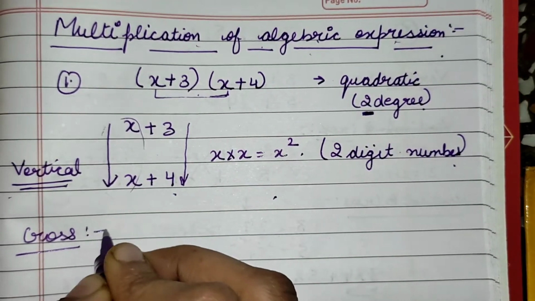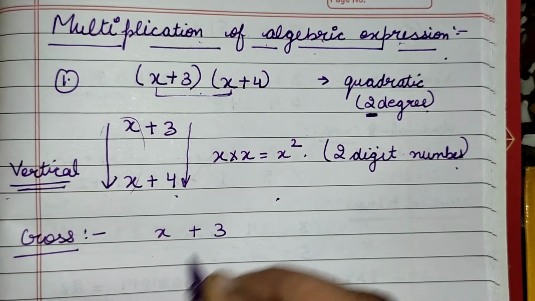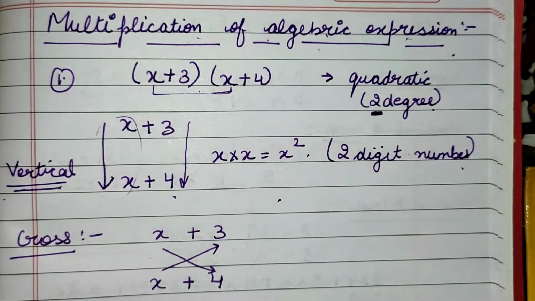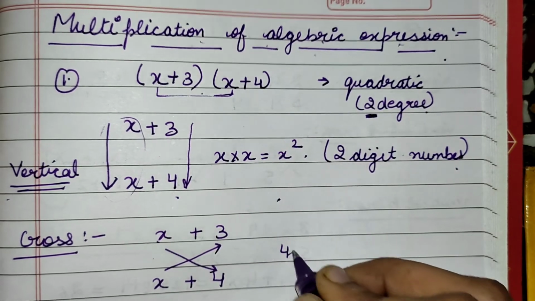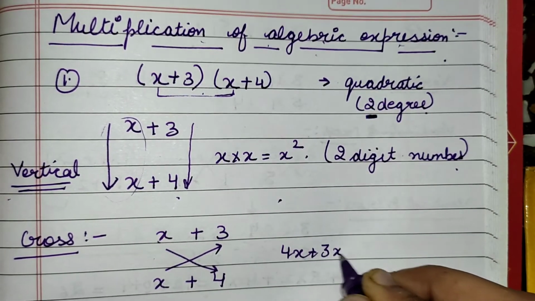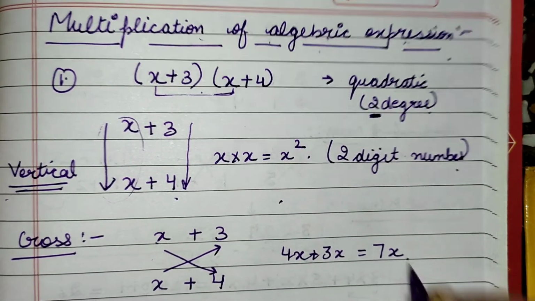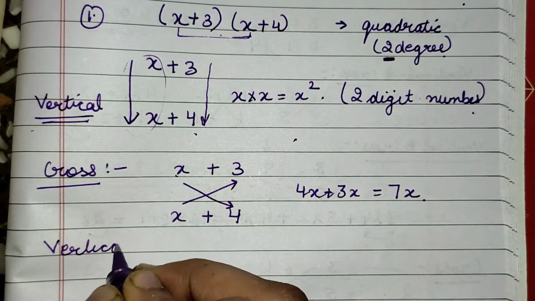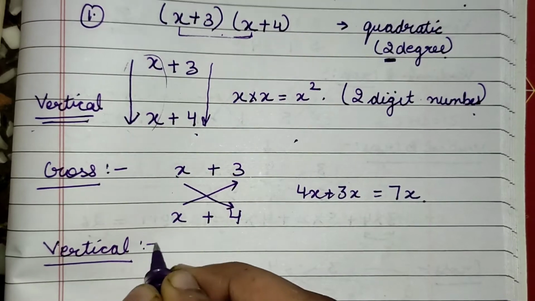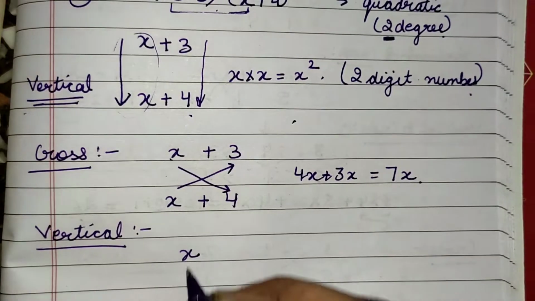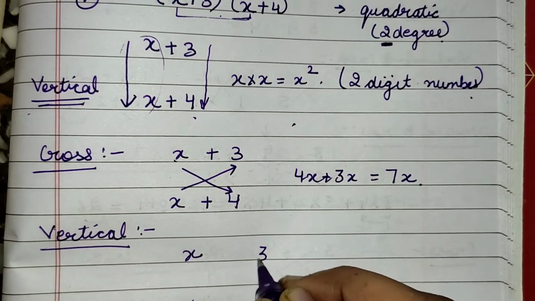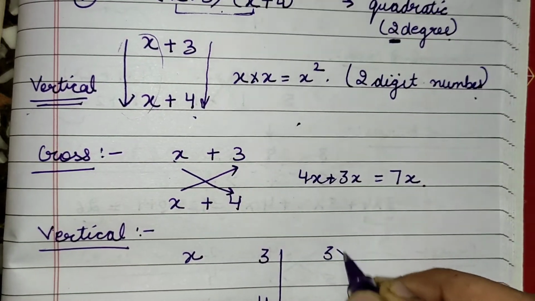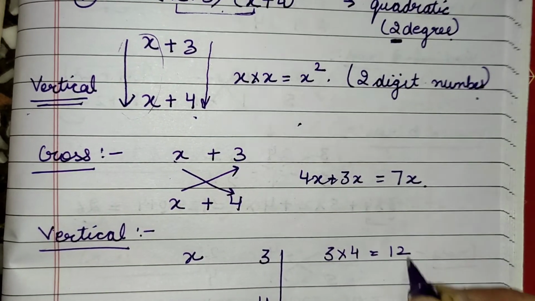Then my next step is to do the cross multiplication. That means 4x plus 3x, which is equal to 7x. Then again I do my vertical multiplication, which gives me 3 into 4 equal to 12.